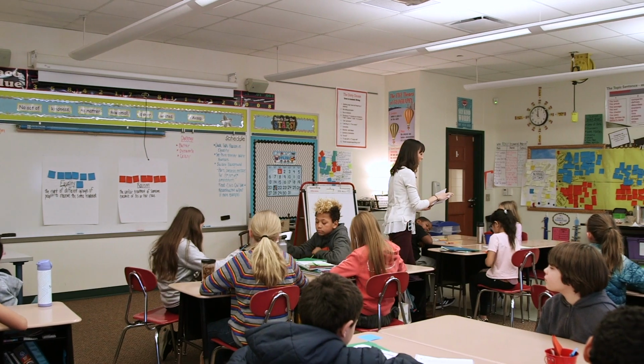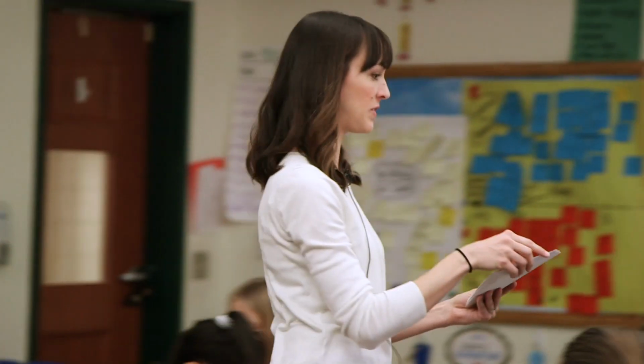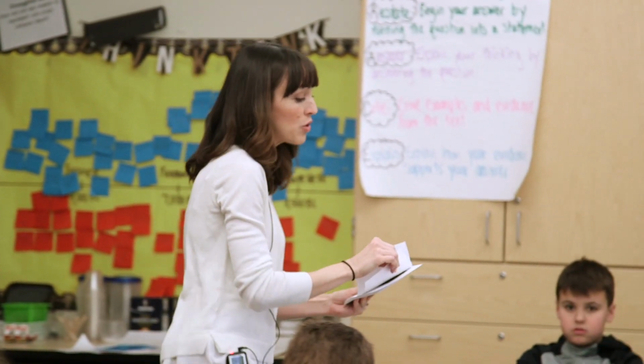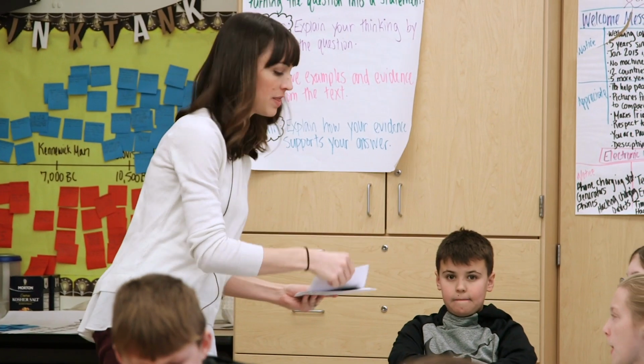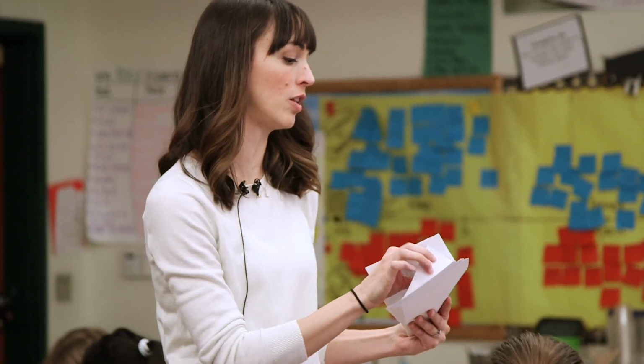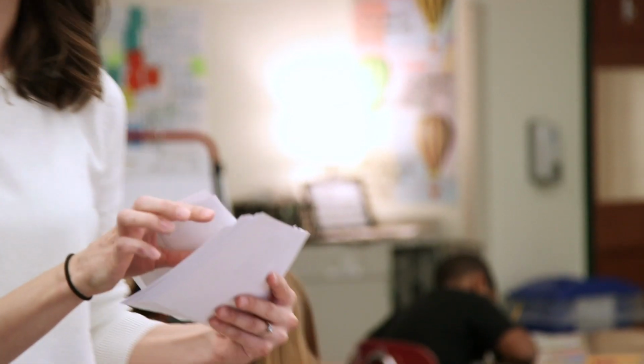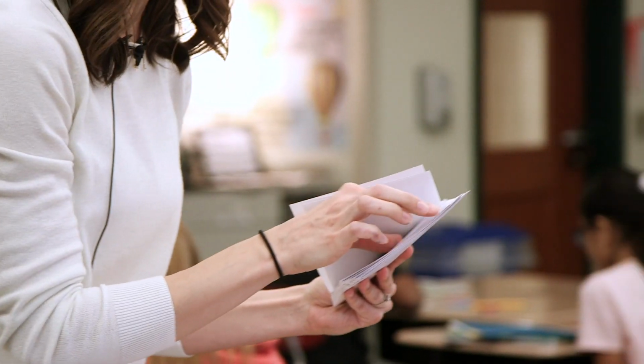And then in the think column, you're gonna write down what you think about what you see or what you think is going on in this image. And then that last one is the wonder column. This is where your questions go. What do you wonder about what's going on here? What do you wonder about some of the things that you're seeing?